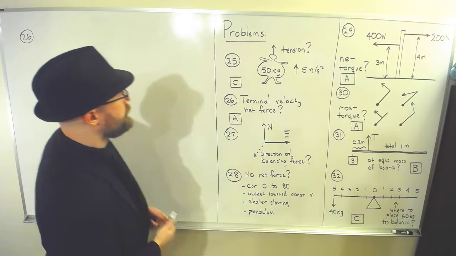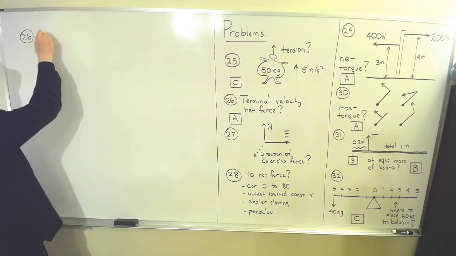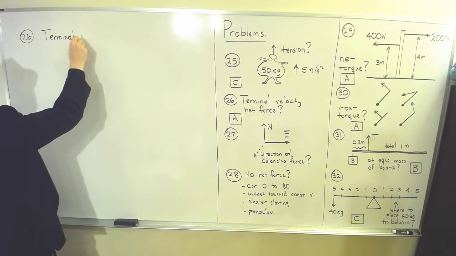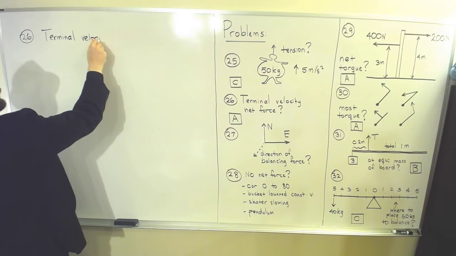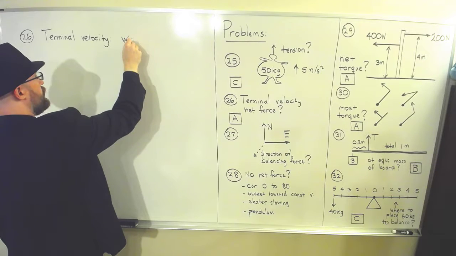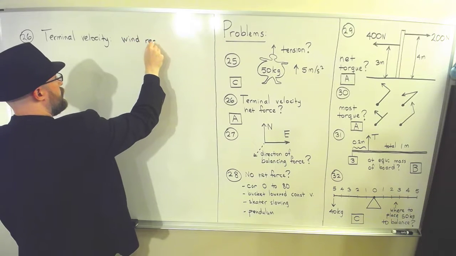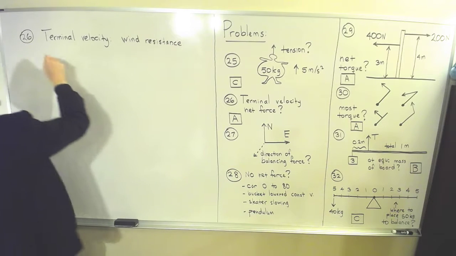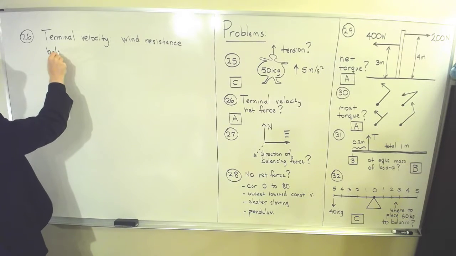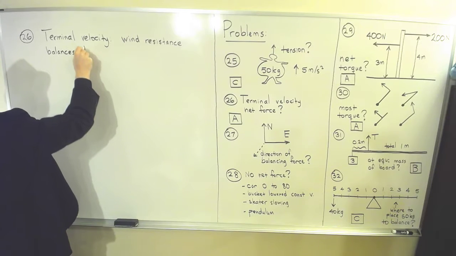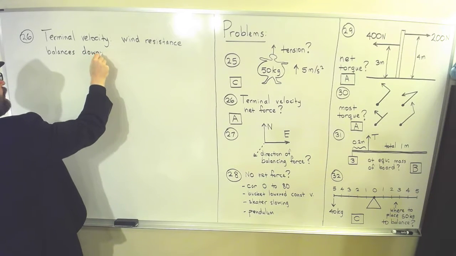Now this idea of exactly balancing, so this is terminal velocity. So it means wind resistance balances the downward force due to gravity.